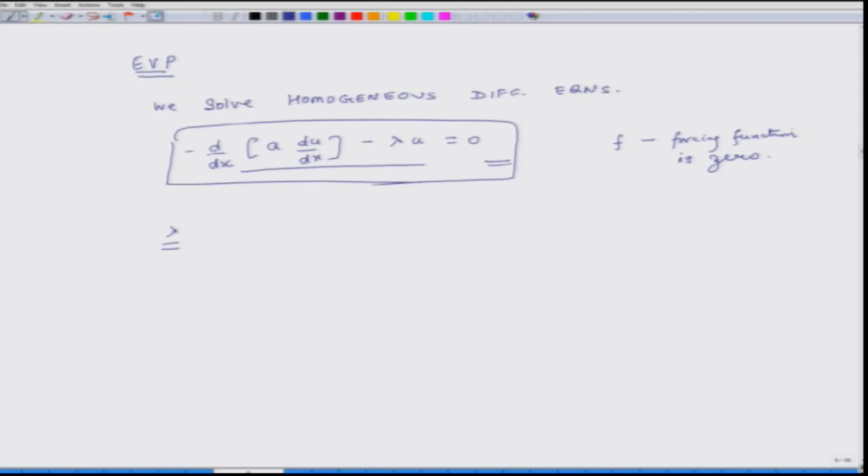First we solve for the values of lambda, and we may get several values of lambda. Then for each value of lambda we find, not a value of u, but a function u of lambda.